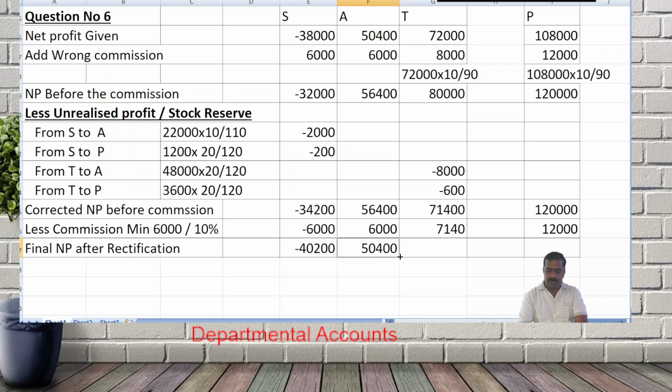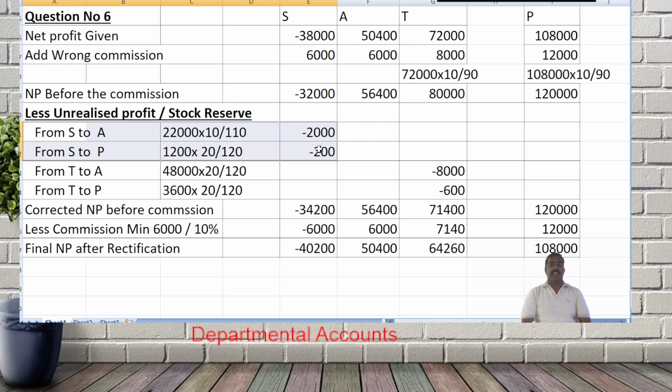This was one of the most repeated questions for about 6 marks in past exams. No accounts are tested, only rectification of error. So net profit given, add back the wrong commission, you will get net profit before commission.